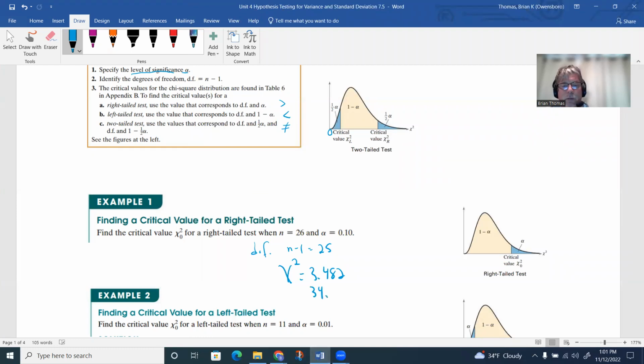So 34.382. Sometimes they'll ask us to round to 2 places. Sometimes they'll round to 3. So watch that in Blackboard. That's where I almost like to have a hard copy of this in front of me so I don't have to go back and forth.